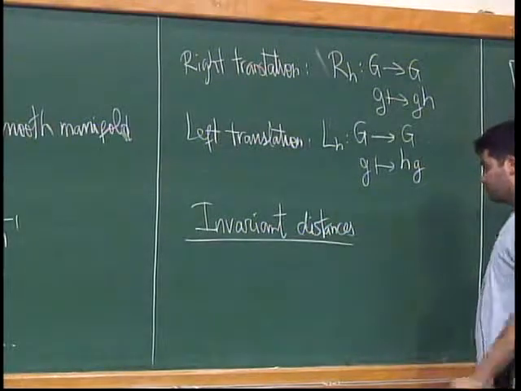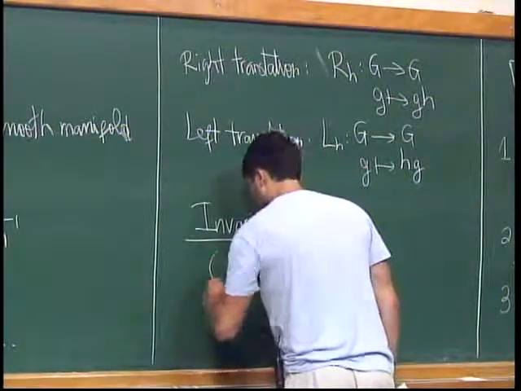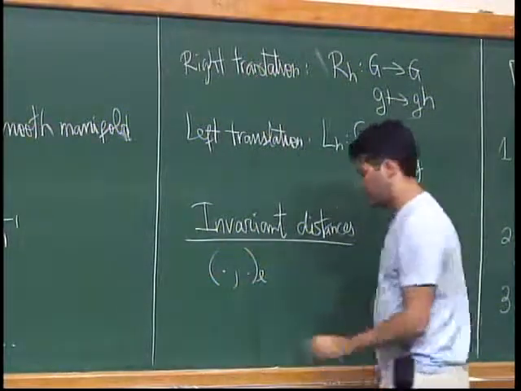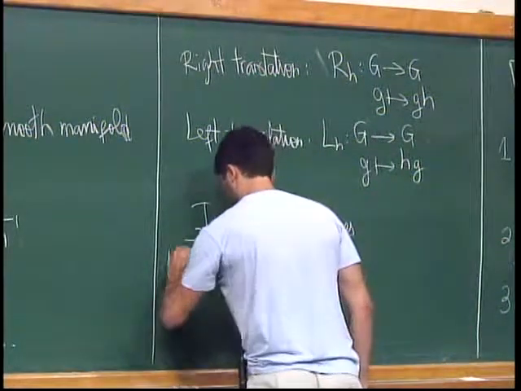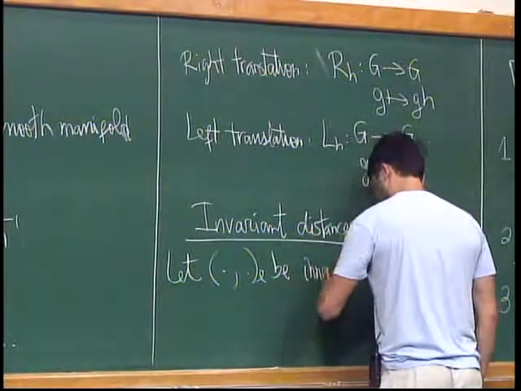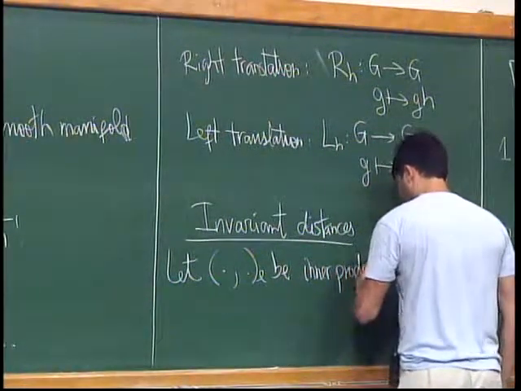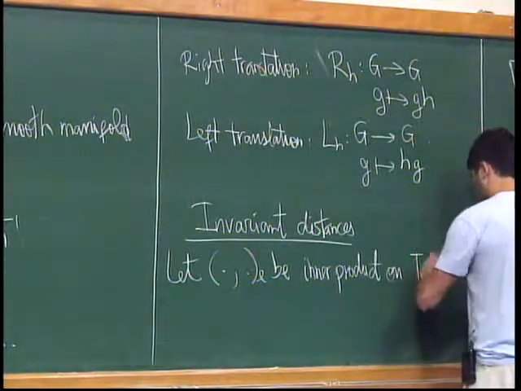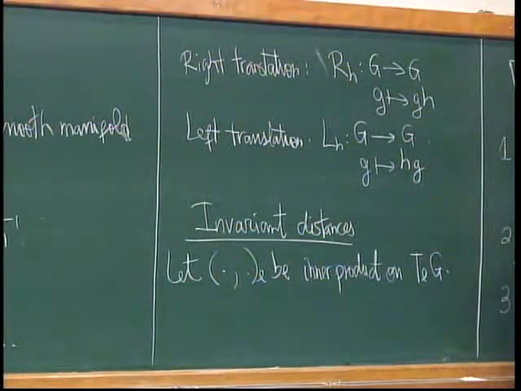And the way to do this is the following. If you consider any inner product on the identity, so it's an inner product on the tangent space of the identity of the group. Okay?